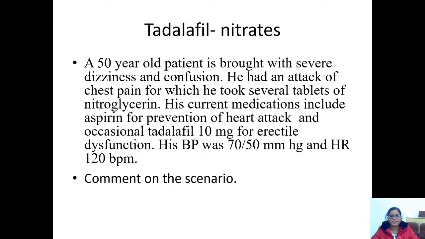This patient has an attack of chest pain, has dizziness, confusion, and he took tablets of nitroglycerin for the chest pain. This time the patient might know that he might have an anginal attack, or he might think that to be a myocardial infarction, whatever. So the patient himself took nitroglycerin. What he did not see at the back of his mind was that he was already on a medication called tadalafil.